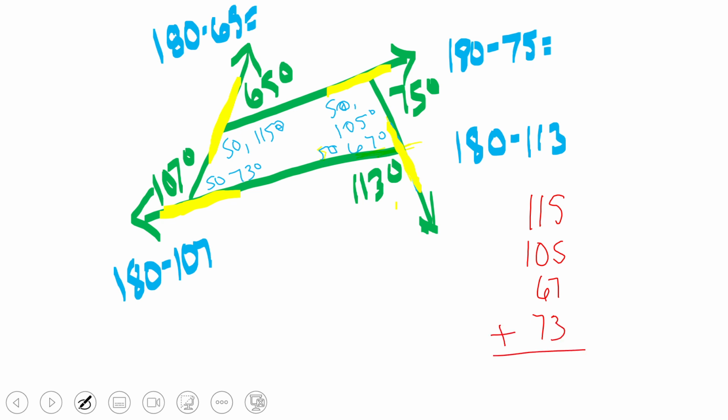Add all those together, and we're going to get 360 degrees when we add all those together. So check on the measure of those interior angles. All right, I hope this helps.